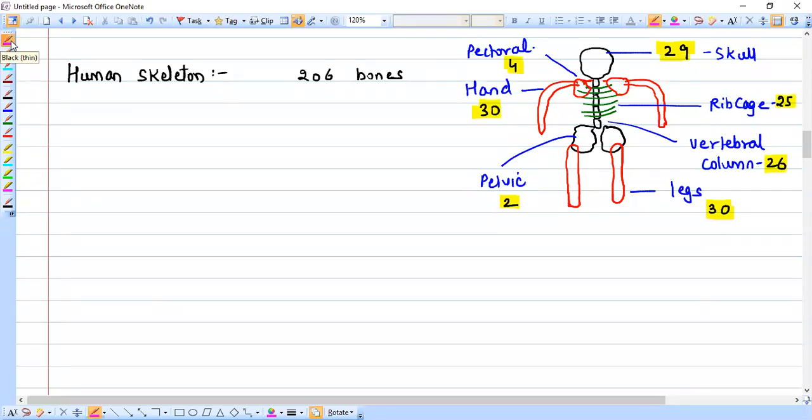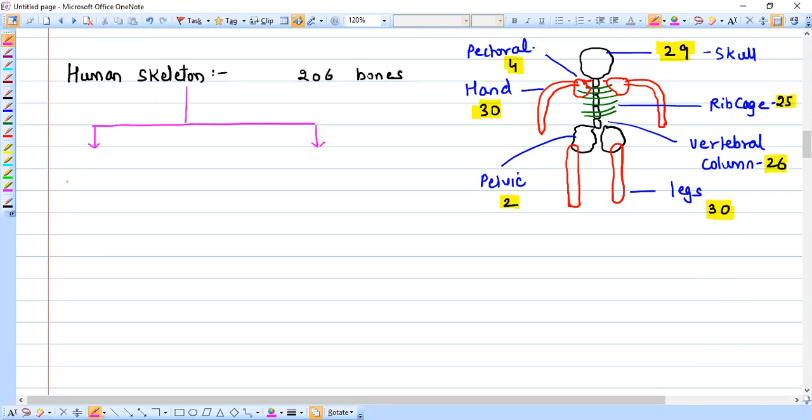Now let us understand how these 206 bones are divided, basically how they are present. In order to understand this, I put it in this way. The human skeleton I divide into 2 major parts.